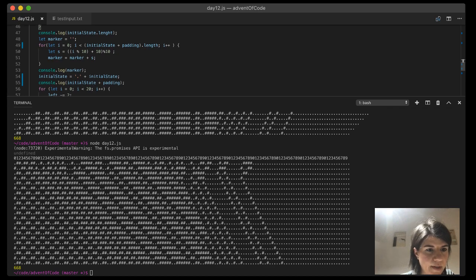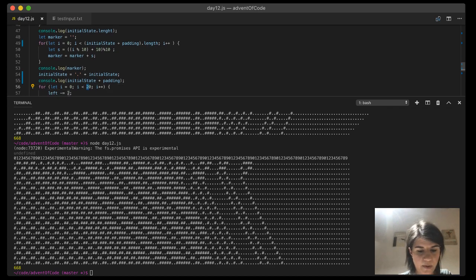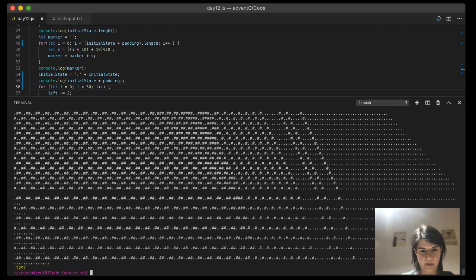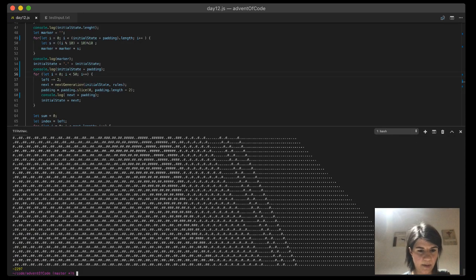Let's run this. How many generations can we run? What if we do 50 generations? Yep, okay. So what's the pattern here? Ooh, I think after 50 it'll get easier because I have all these doubles. Oh, and what I wanted to figure out was in the 50 billionth generation, that's an even number.